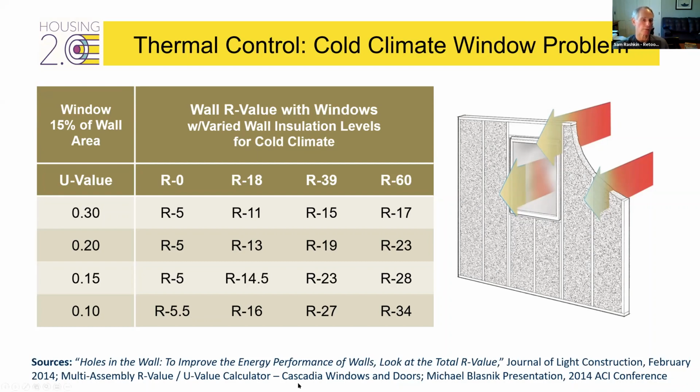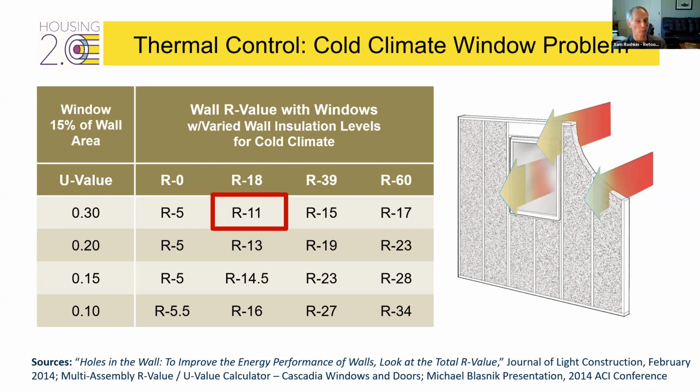And the reason I did this is it helps me highlight how important the window is in cold climates. So if I have, let's say, a 2x6 wall, R18, effectively with the windows, it drops down to R11, even with about an Energy Star window. So I'm losing over a third of the effective wall insulation with a window.